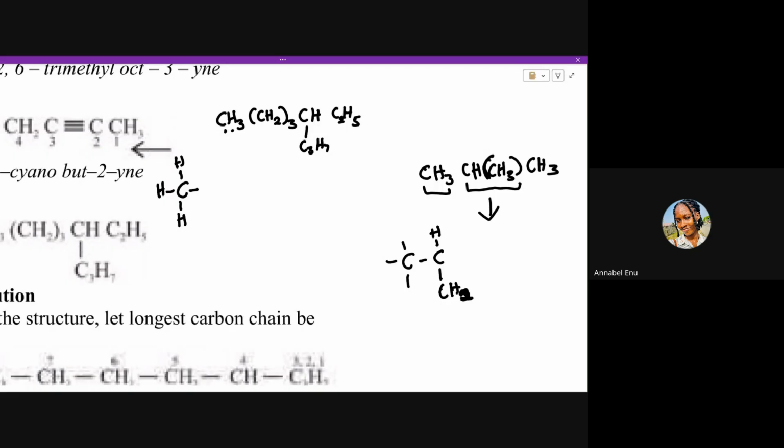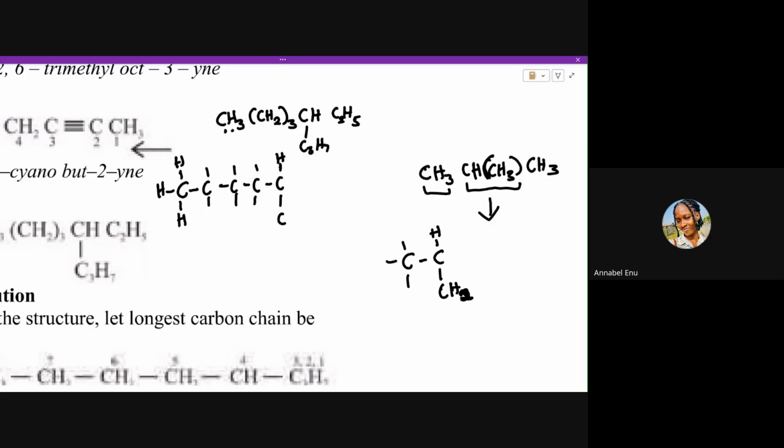So we have CH2, CH2, and another CH2. Now the next one is CH. We have C, then one H here. Then the other bond is to C3H7.